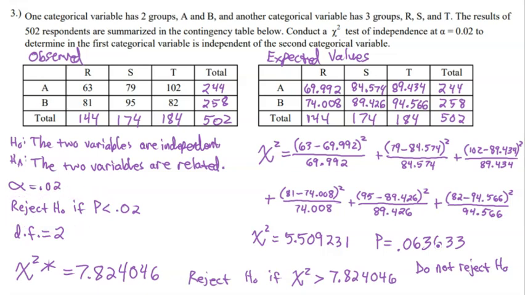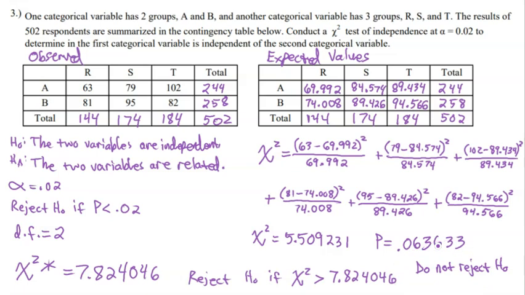Now that's based on the p-value rejection rule. What about the test statistic rejection rule? Is chi-square greater than 7.824? No, it's not. Chi-squared, our test statistic, is 5.509. That is not greater than 7.824. Therefore, we do not reject H sub O. Okay?